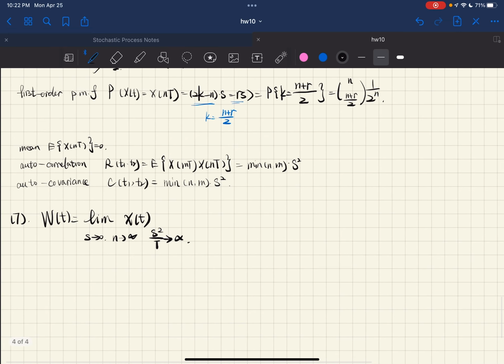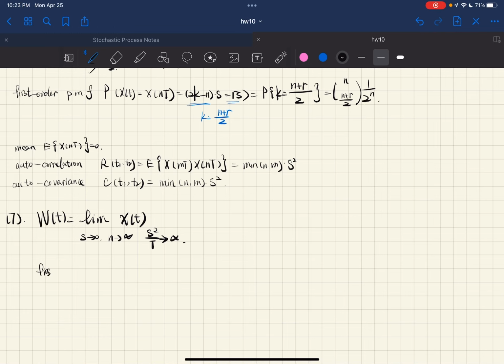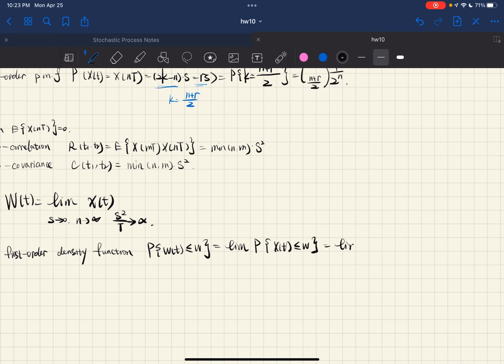To derive the first order probability, we first calculate the first order distribution function. P(Wt is smaller than w) equals the limit of P(xt smaller than w), and we just plug in nt because we have done n trials, and it equals this formula.